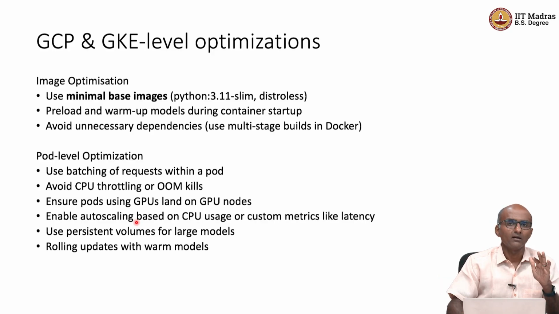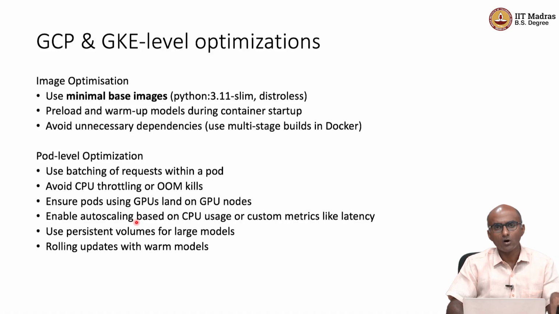Autoscaling is when, based on certain metrics, you allow GKE to automatically scale up the cluster by adding more pods and more nodes. That's what autoscaling refers to. The metrics that are of interest could be CPU or memory. Typically, those are the main ones that are of interest.